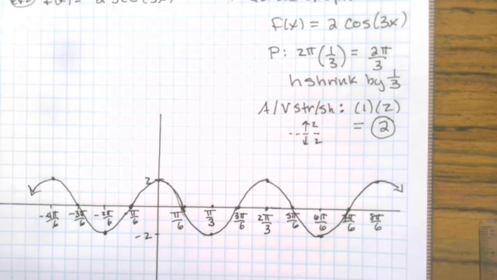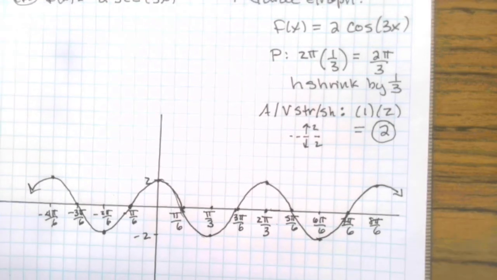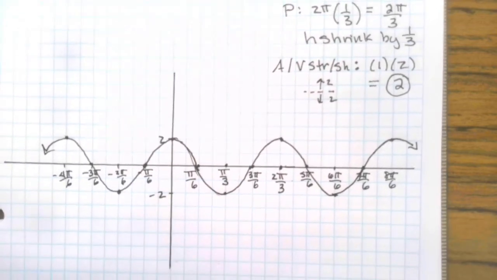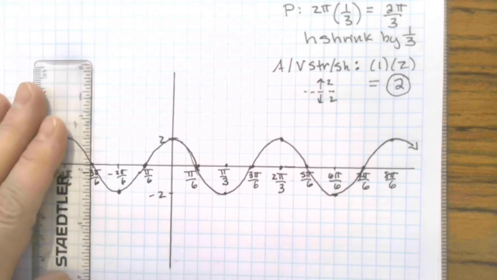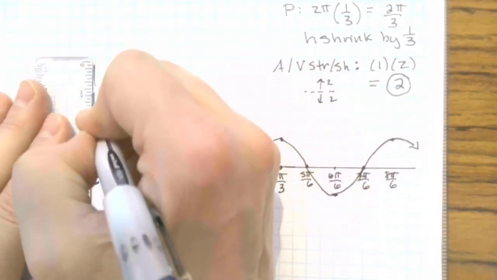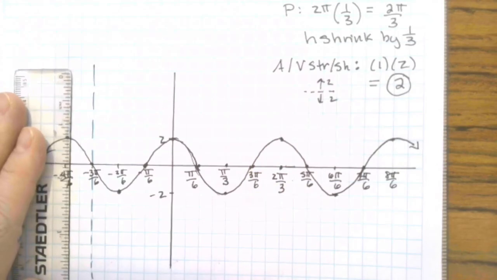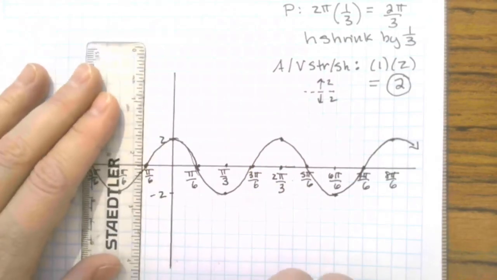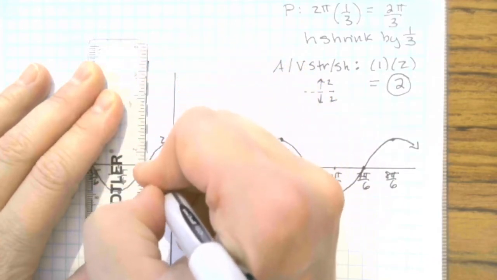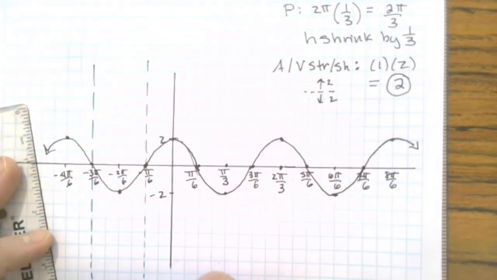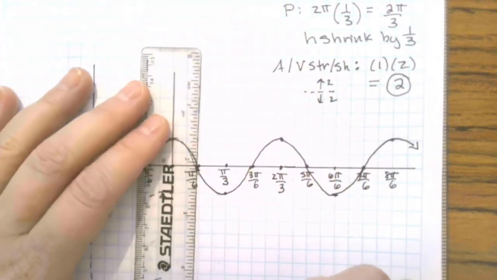We're going to start with the asymptotes. So anywhere that this graph hits 0 is an asymptote. So starting at the left, -3 pi over 6 is one asymptote. And you do have to label that. -pi over 6.